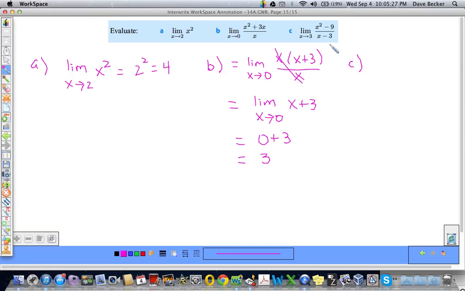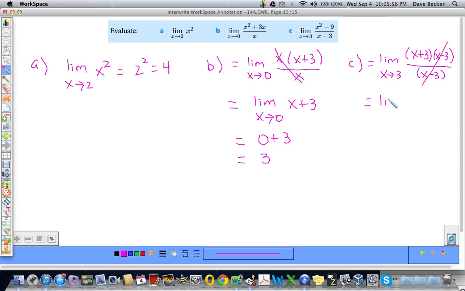What about this one? C. Well, if I replace x with 3, I'm going to get 0 in the denominator. So hopefully I'm going to be able to factor, which I can, the difference of two squares. So this equals the limit as x approaches 3 of x squared minus 9, which factors into x plus 3 times x minus 3, over x minus 3. Isn't this fantastic? The x minus 3's cancel.